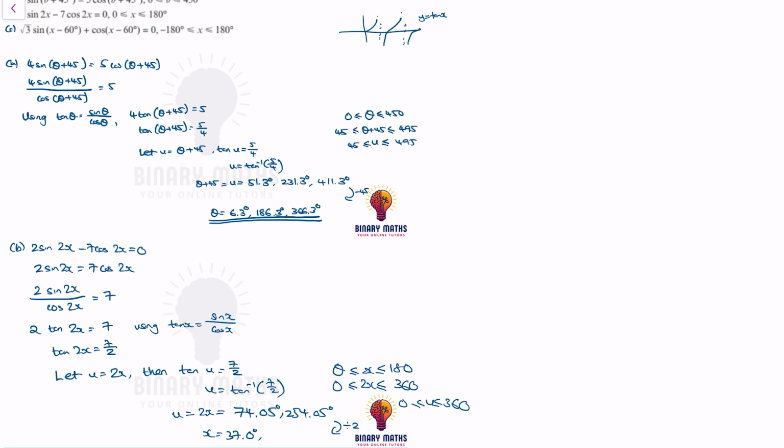I need to make sure I use my calculator properly. Then when I divide 254.05 by 2, I get 127.0 degrees. So there are two solutions.